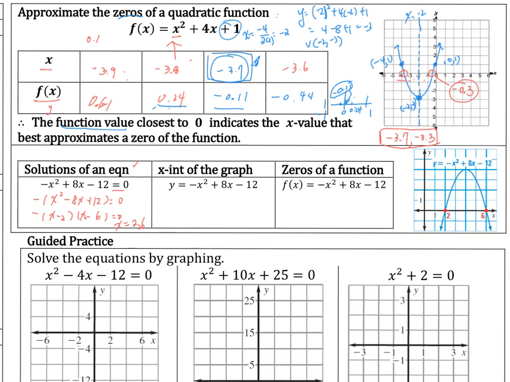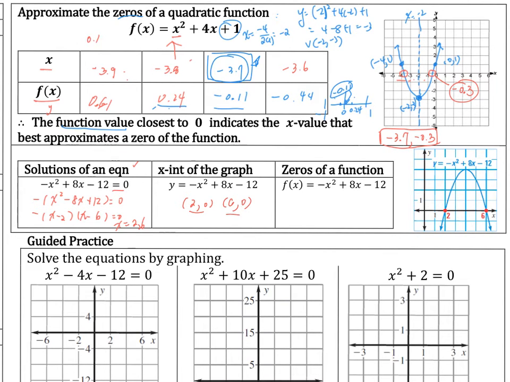And if we were given a quadratic equation in the form of y equals negative x squared plus 8x minus 12, then the values of x, meaning where the graph crosses the x-axis, will be called x-intercepts of the graph. And you will write your solutions as coordinate points so that they can be read as x-intercepts.